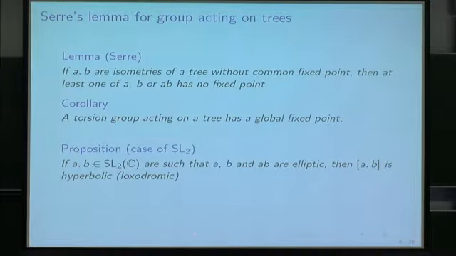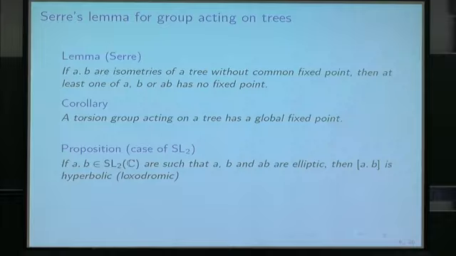So if you look at the case of SL2, for example SL2(C), then it can happen, for example like in Alan Reid's lecture, that A and B are elliptic. But if they don't have a common fixed point, then you can show that the commutator is hyperbolic or loxodromic.